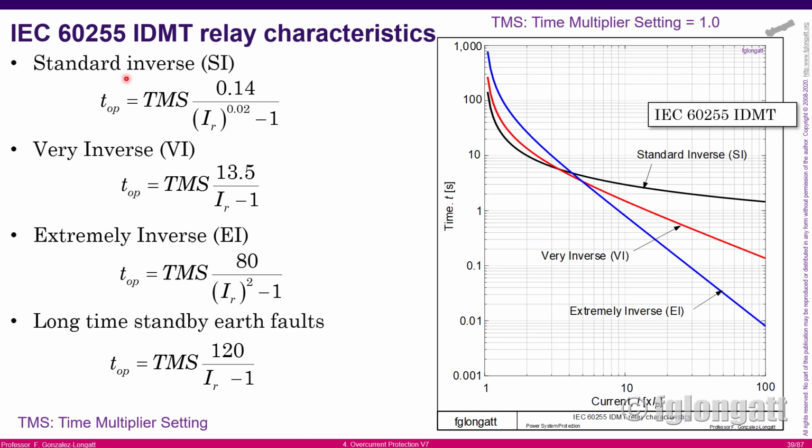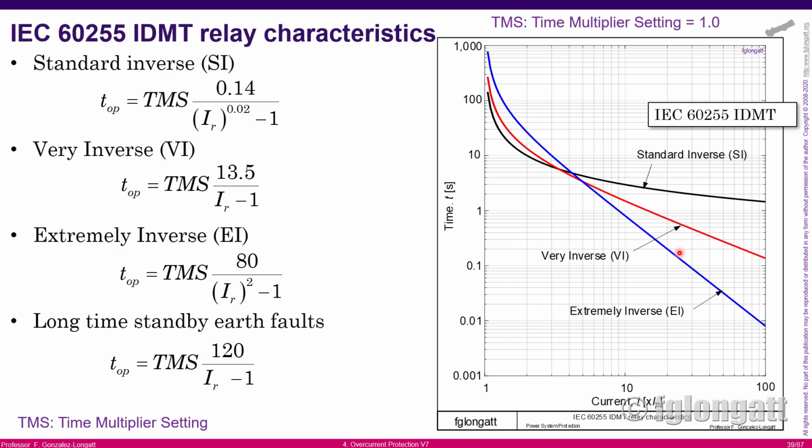The second thing that I need you to realize is those equations. What is the application of those equations? Well, the application is extremely simple. If you know the per unit current here, and you know the time multiplier setting, you can get the operating time. In other words, if you know the horizontal axis here, you can get the vertical axis.